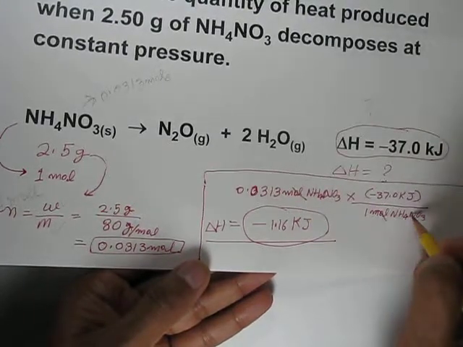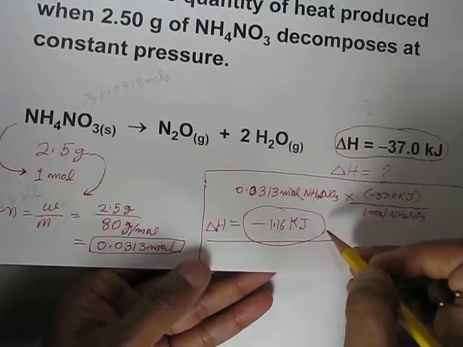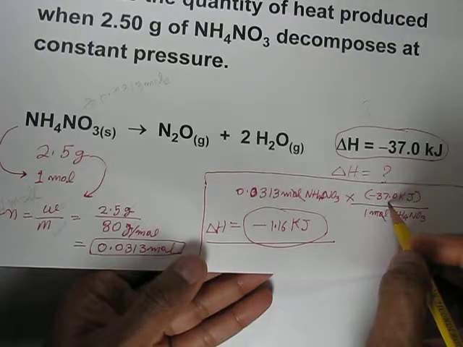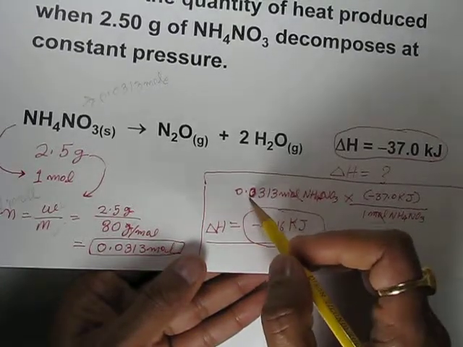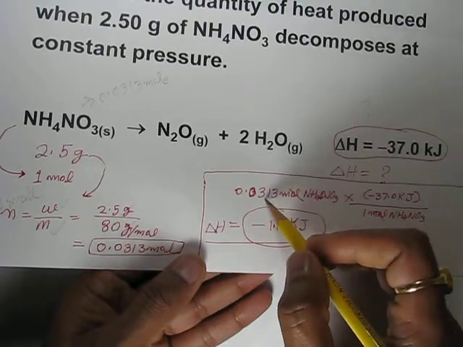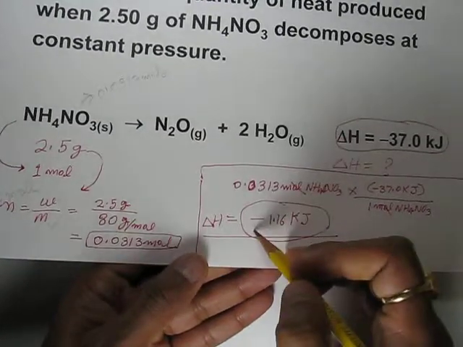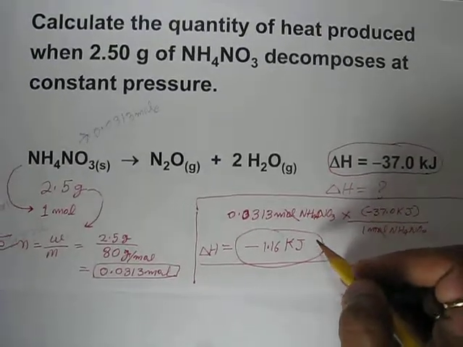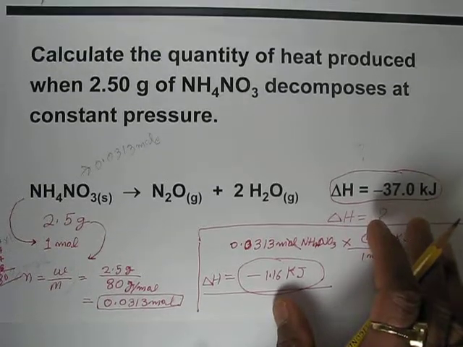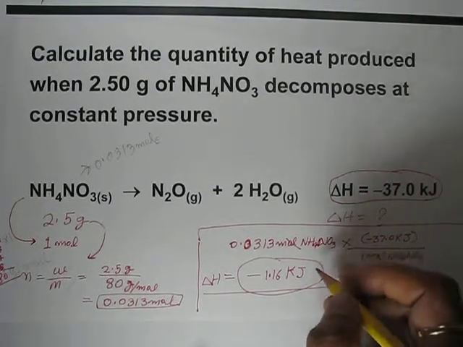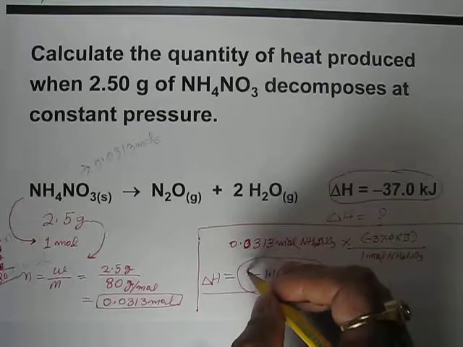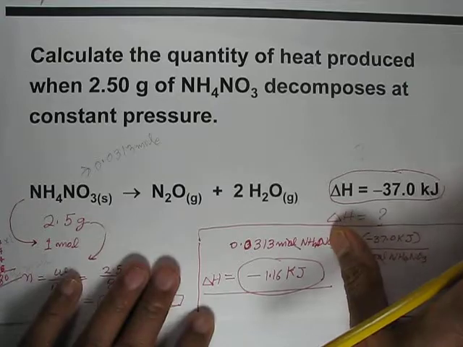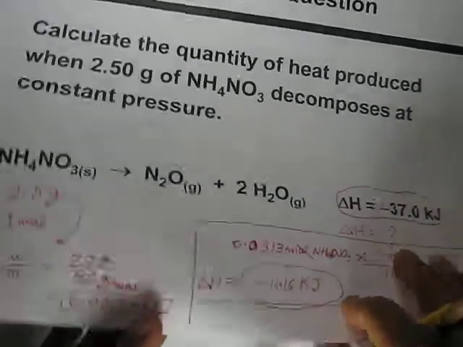So we can cancel out the mole units of ammonium nitrate, and once you multiply minus 37.0 by 0.0313, the answer will come to minus 1.16 kilojoule. So you have to report your delta H or enthalpy of reaction with the sign. If you forget the sign, then the answer will be incorrect. So always use this sign also.